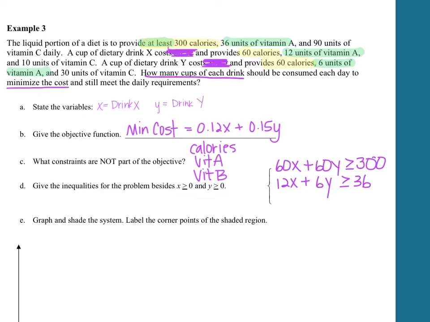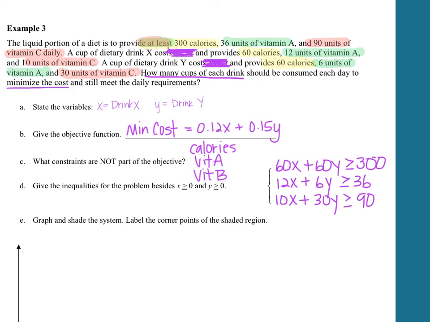The last constraint we're dealing with is vitamin C. So we have 90 units of vitamin C at least. Dietary drink X has 10 units of vitamin C, and dietary drink Y has 30 units of vitamin C. So that sentence would turn into the equation 10 units in the X drink, 30 units in the Y drink for at least 90.